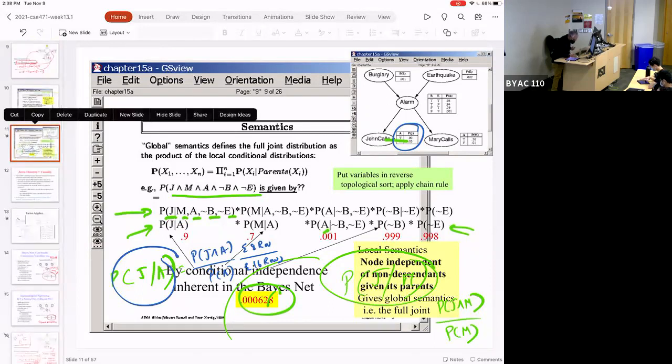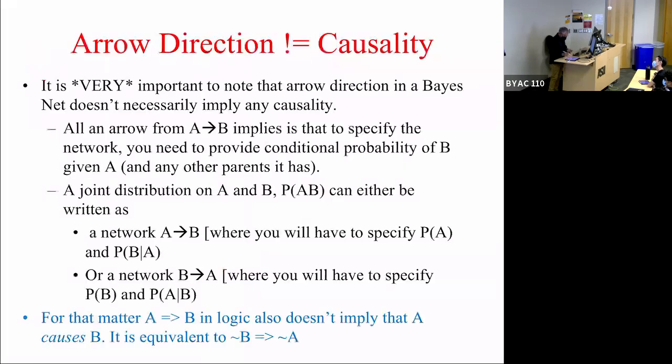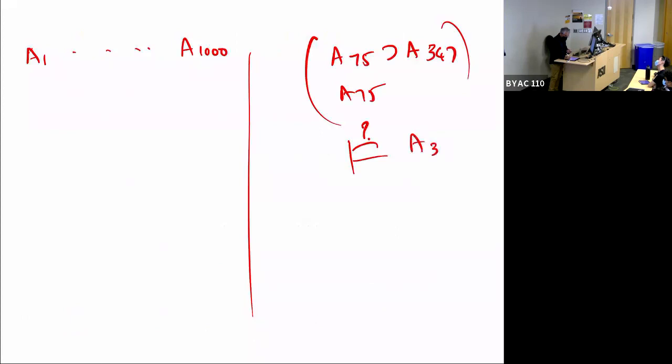Suppose I have A1 to A1000 as the Boolean variables, and my knowledge base says A75 implies A347, and A75 is true. Given this knowledge base, I want to check if A347 is true, isn't it?